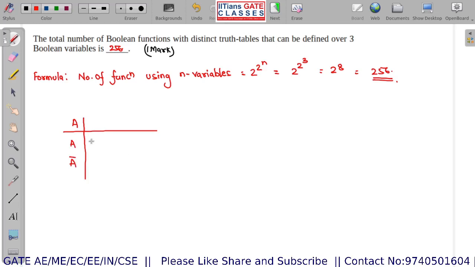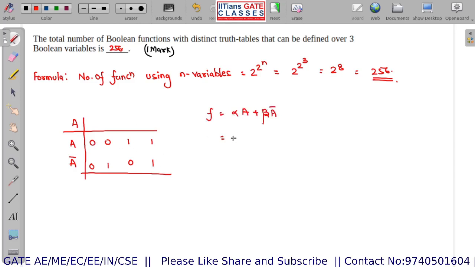Look very carefully. It will be 0 0 1 1, and this will be 0 1 0 1. Basically I am writing the function as alpha into a plus beta into a bar, where alpha and beta can take values like this.